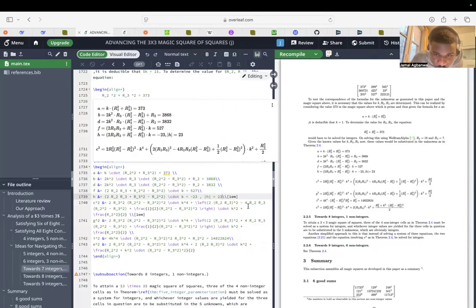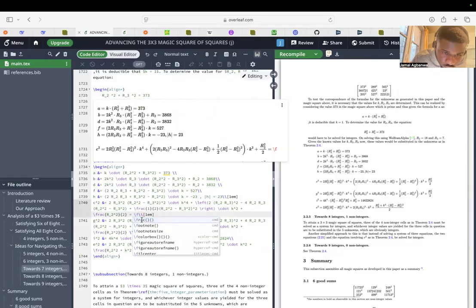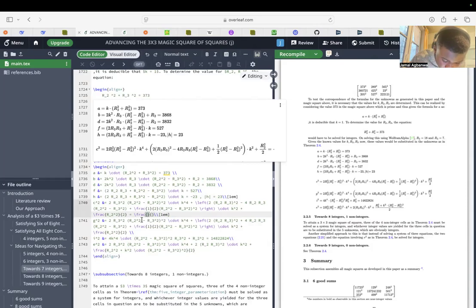So C is equal to 14684753 over 2, which is just another way of expressing those formulas that you saw.